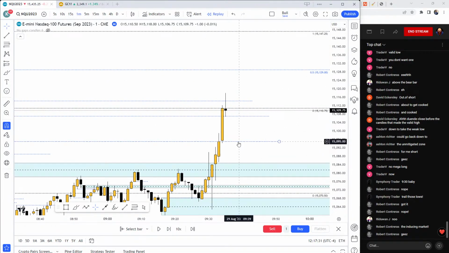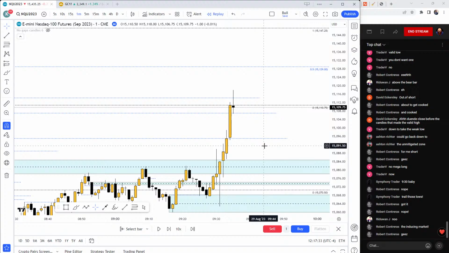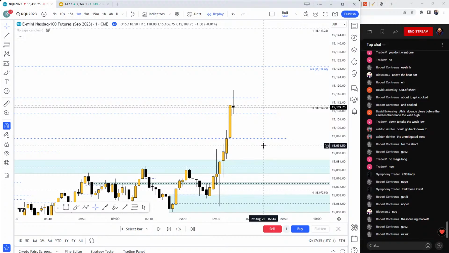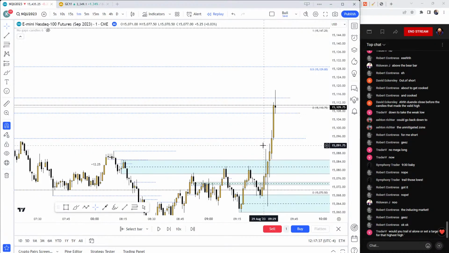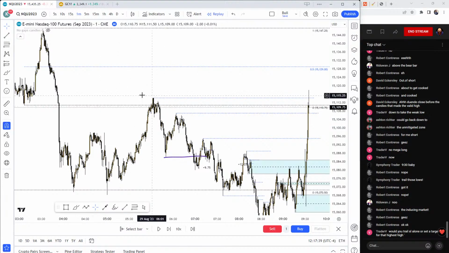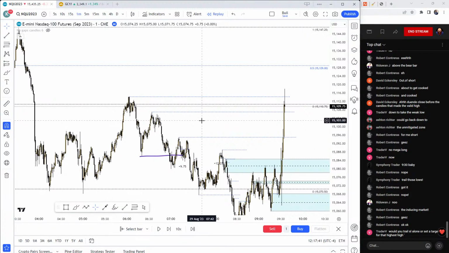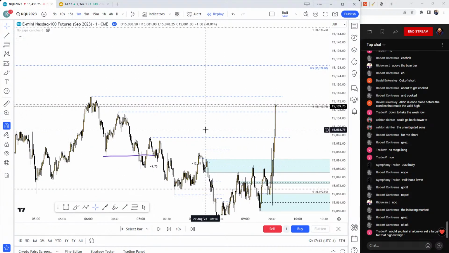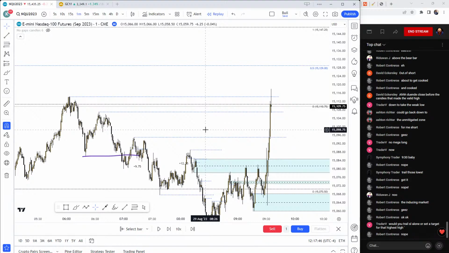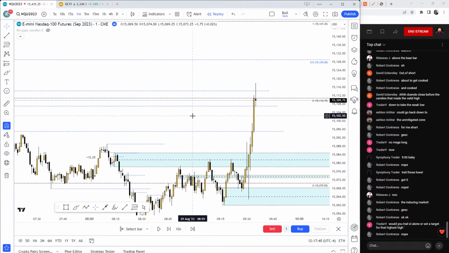Now, anybody short? Right? We've taken the high of a structural high. Is it reasonable to suggest the market to trade lower?